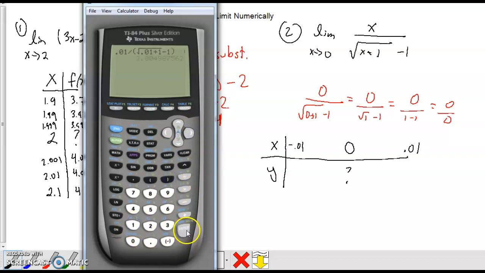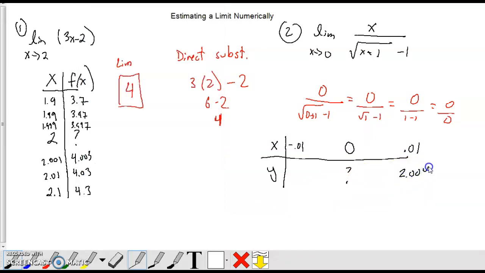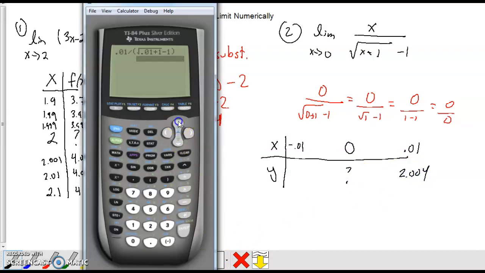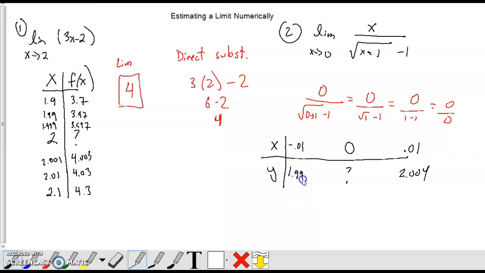Close parentheses. And I'm going to get 2.004. So 2.004. Excellent. I'm going to go ahead and insert a negative here, and I'm going to get 1.99. So 1.99. And I can continue to do this, right?